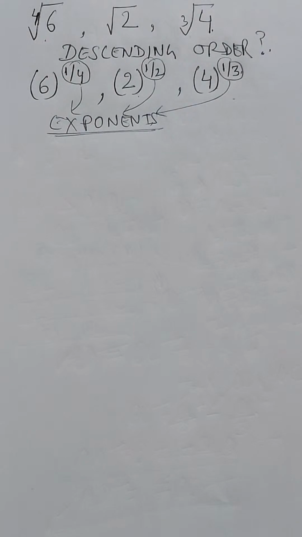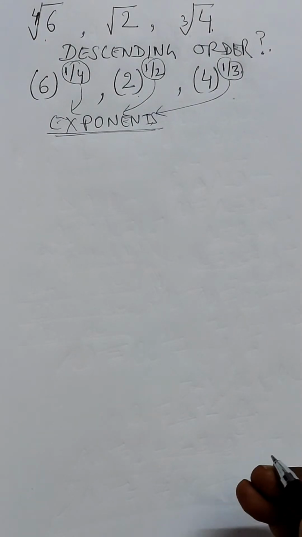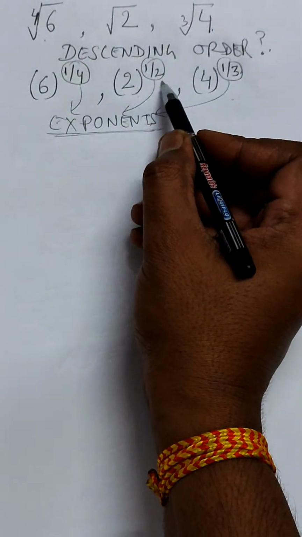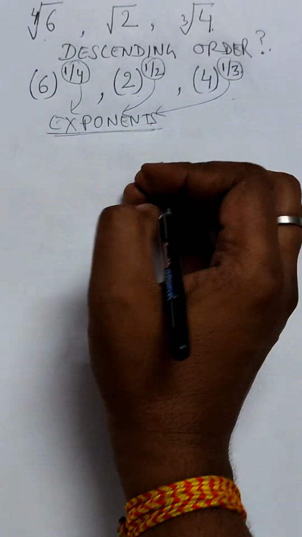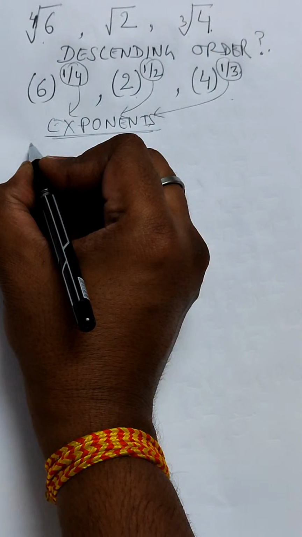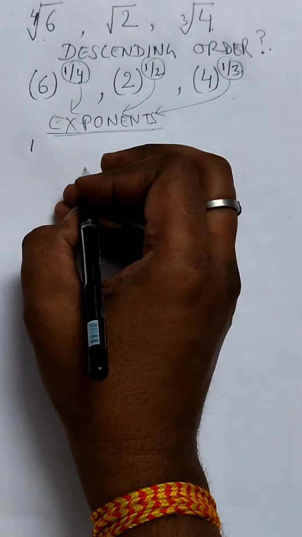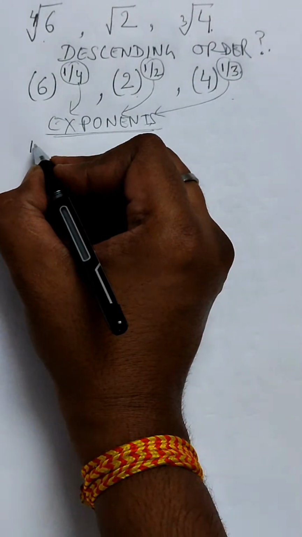Take the LCM of their denominators, so that you convert them into like fractions.